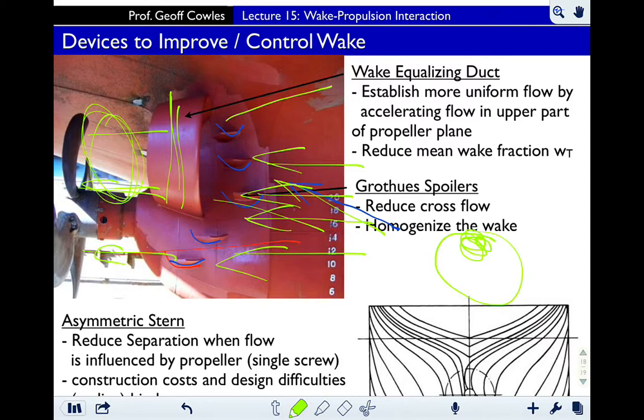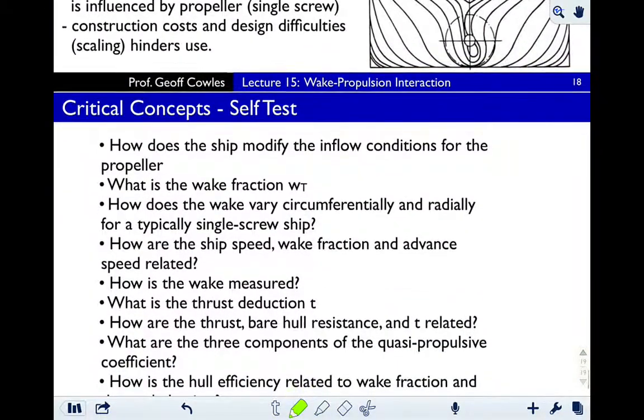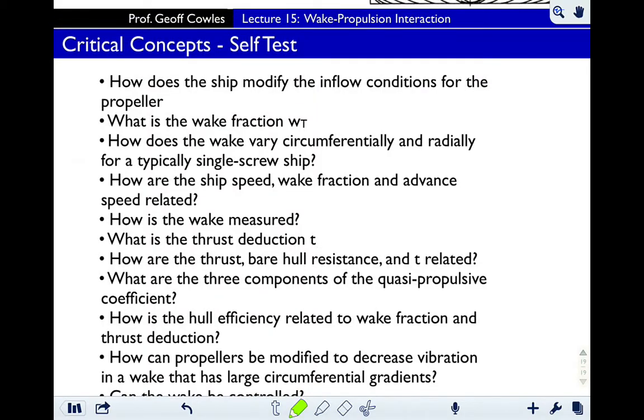There's one on the other side too, and they're trying to accelerate the flow through here to reduce the wake fraction here, to make it more similar to what it is down here at bottom dead center. So that's the story.